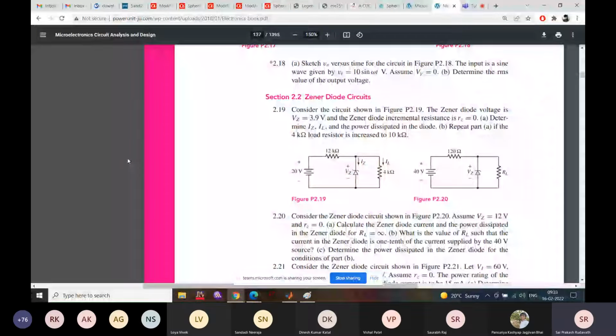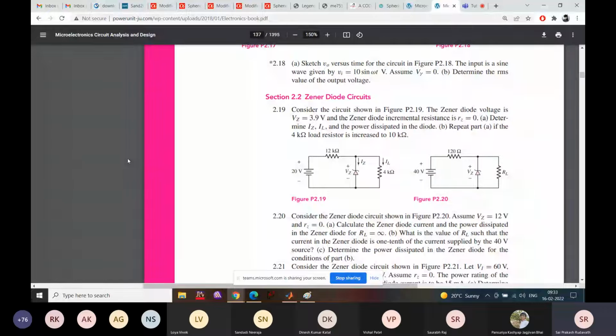Total current flowing through 12K is 1.3. So from 1.3, 0.9 is flowing through the load. The remaining current is flowing through the diode.